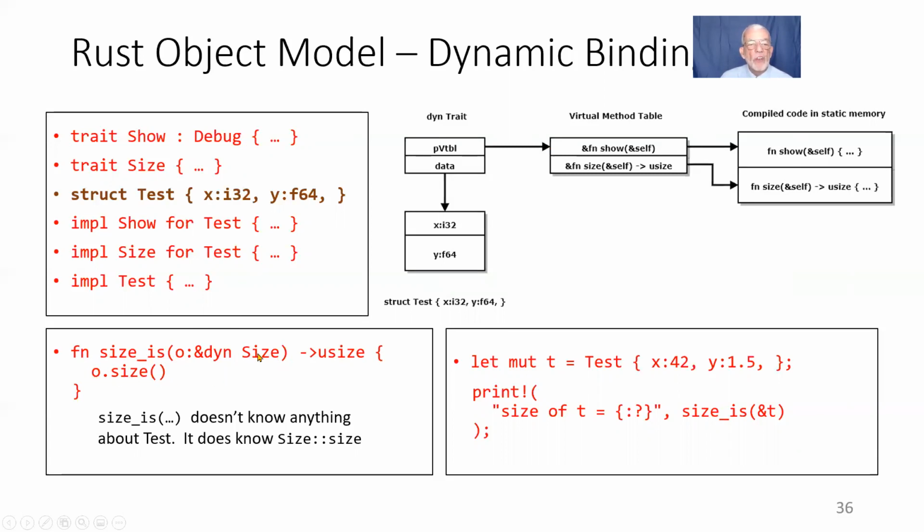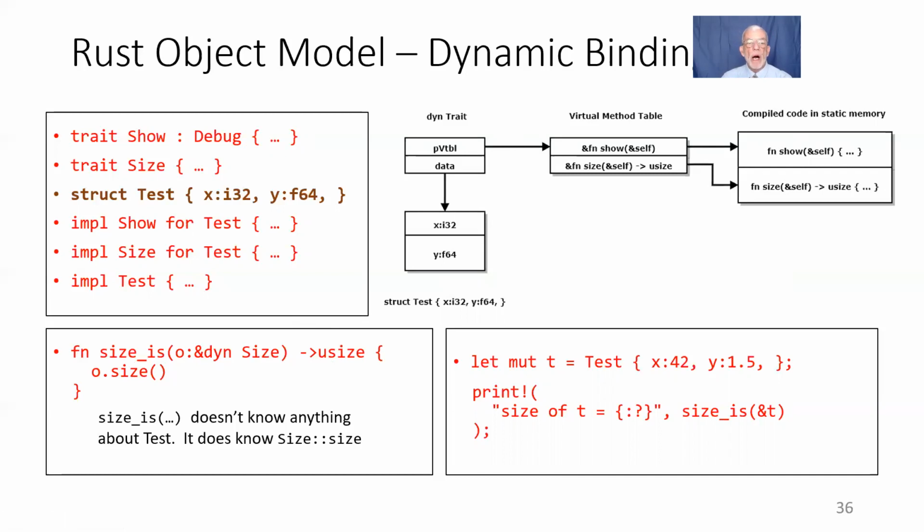So this says o satisfies the Size trait, so I can use it. I'm almost certainly doing some other stuff in this function. I'm just illustrating that I can use this function. And if I just wanted to return the size in bytes, this does just fine. But the interesting thing is that I can pass in any type that implements that Size trait.